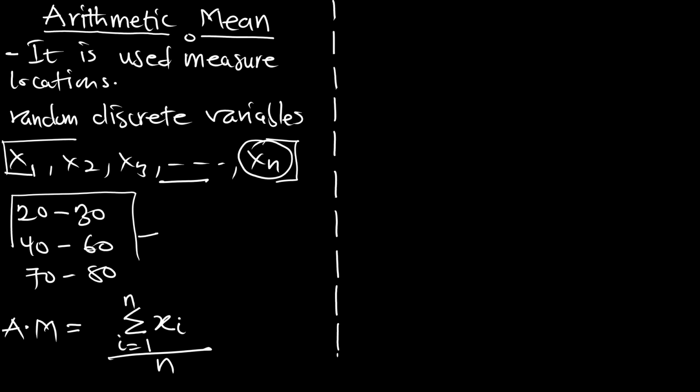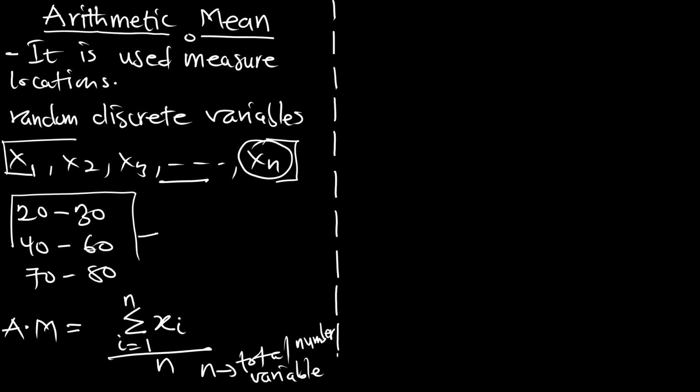So here n refers to the total number of variables. You just count the total number; that is our n. Are we okay?